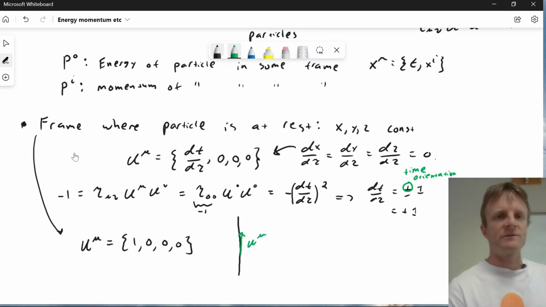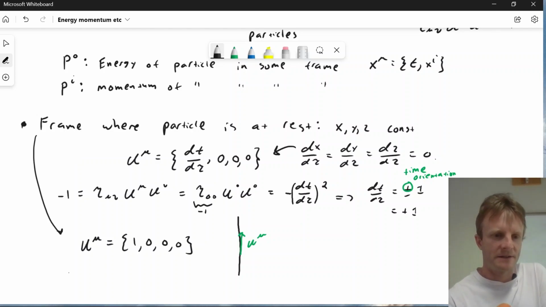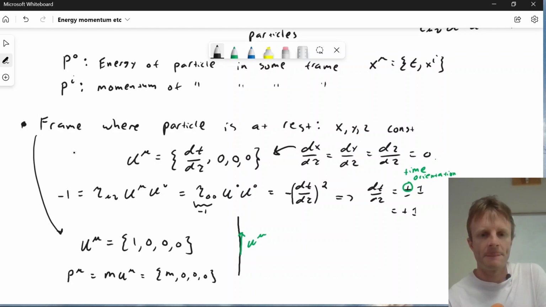Okay, but I claim I've derived E equals mc squared. I mean, not from physics, but from these other definitions, because that means the four-momentum, which was defined as the mass times u, is just (m, 0, 0, 0).